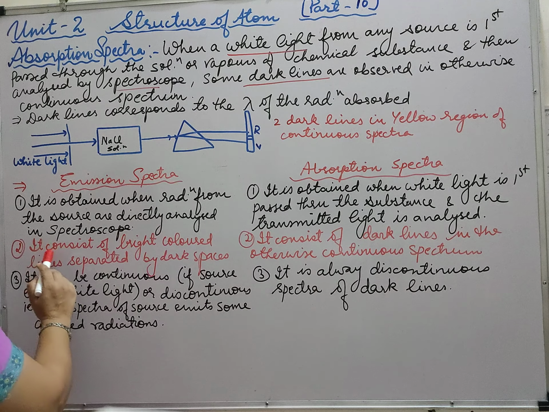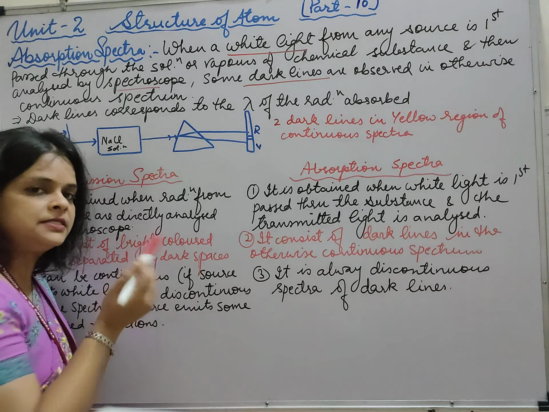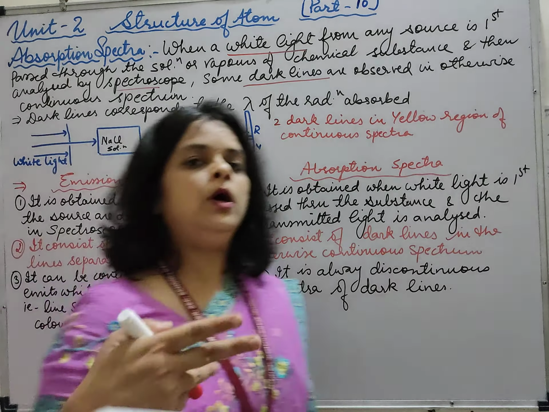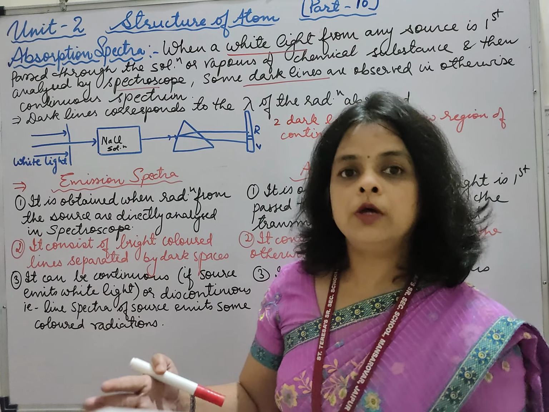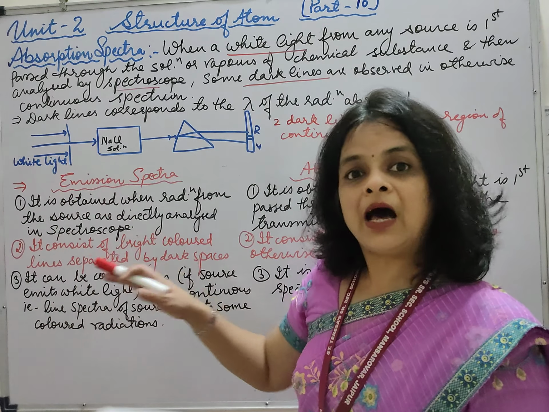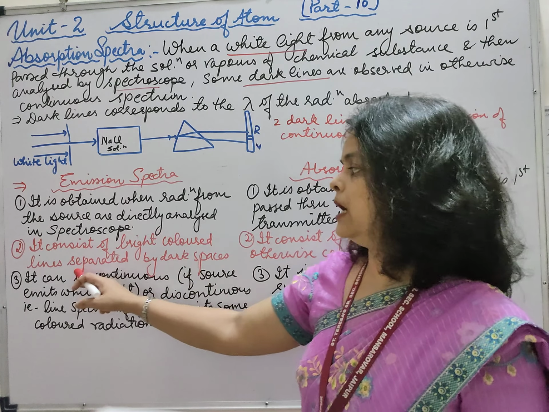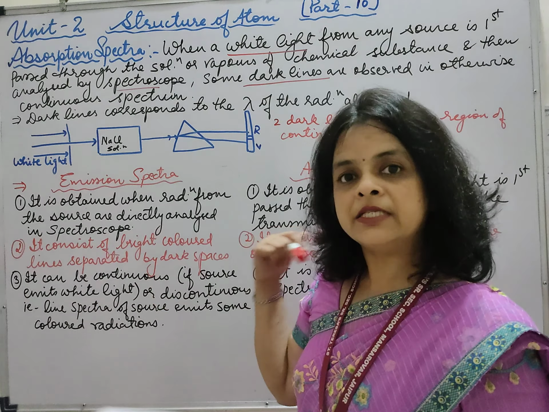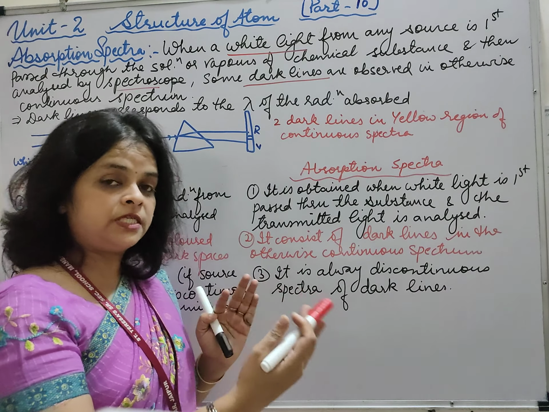Second one, the emission spectrum consists of bright colored lines separated by dark spaces. Recall NaCl: we got two bright lines at 5890 and 5896 angstrom in the yellow region, and the remaining portion was a dark space. Now see here, the absorption spectrum is just the opposite.